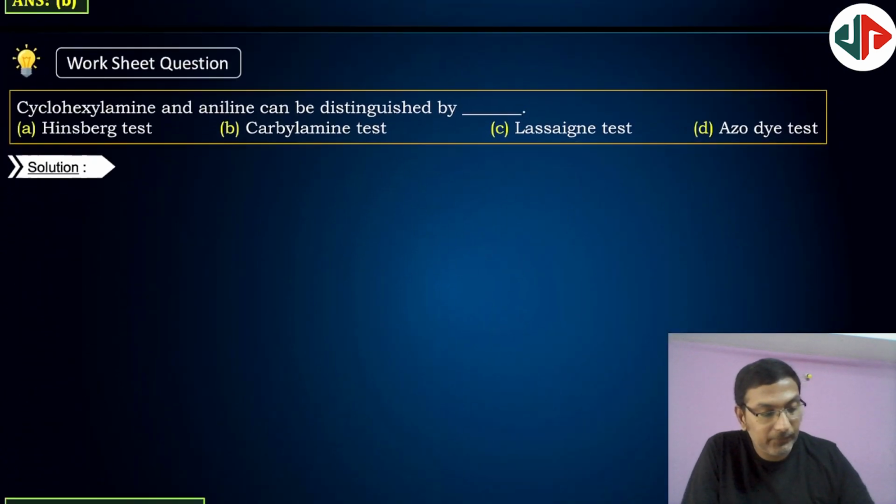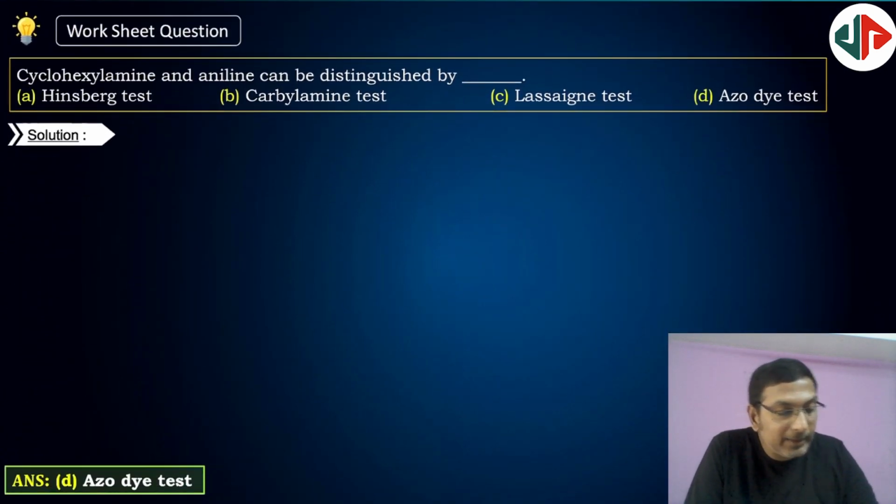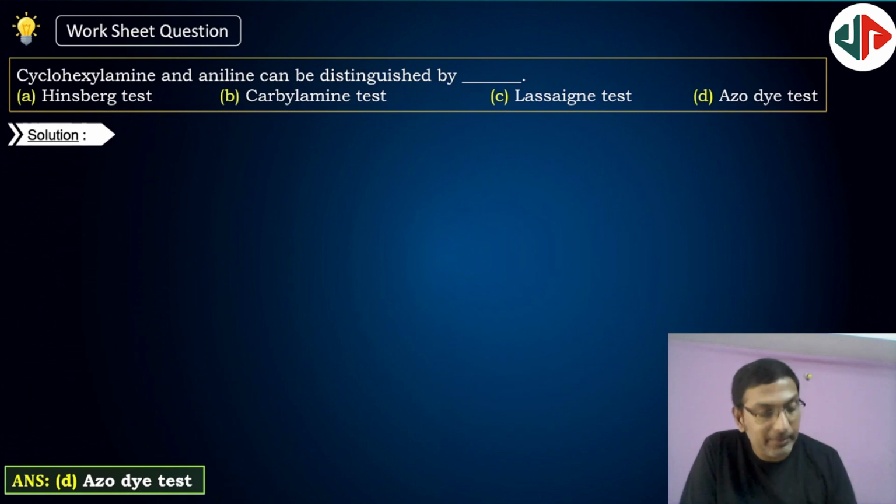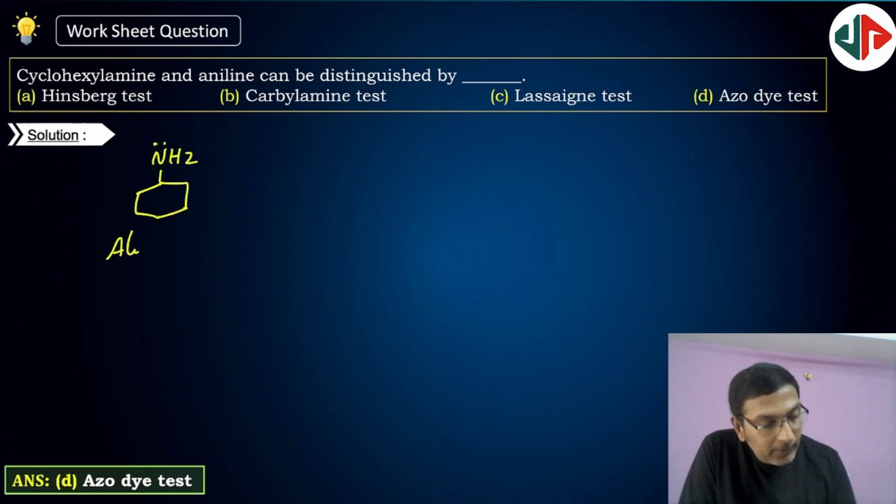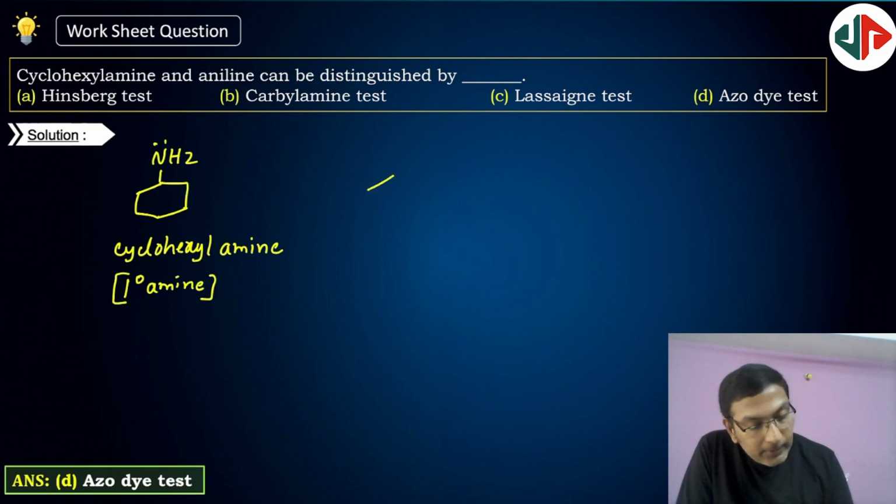Next. So cyclohexylamine and aniline can be distinguished by... cyclohexylamine, which is a primary amine. Next aniline.